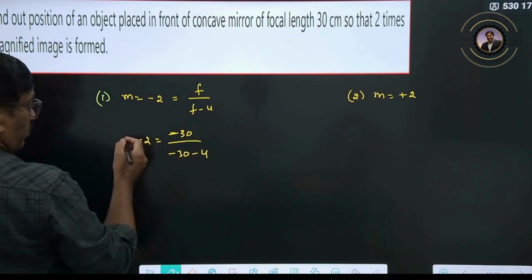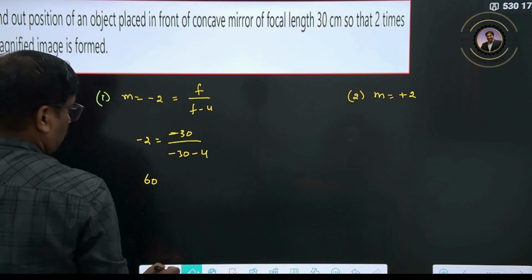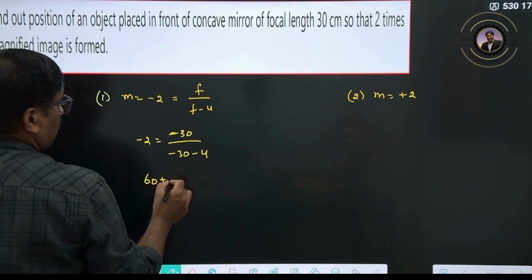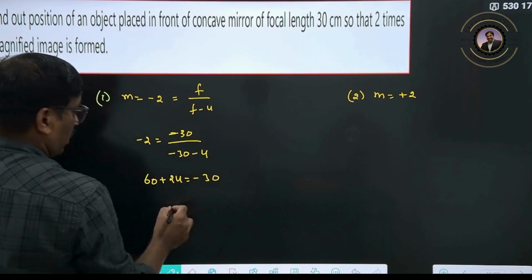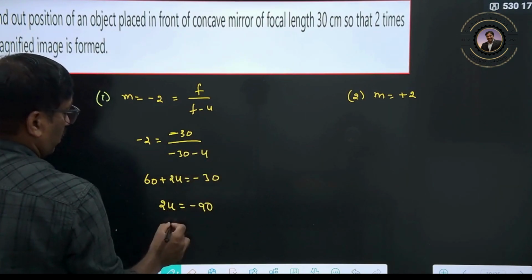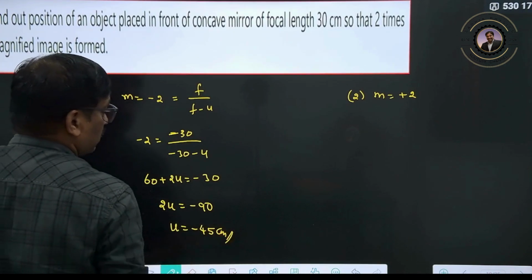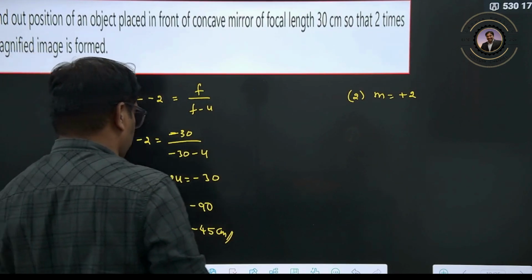Taking this, it will be 60, minus of minus plus, therefore here it will be plus. So 2u is equal to minus 30. Therefore 2u is equal to minus 90, taken here, u is equal to minus 45 centimeter. That means here we can draw the ray diagram where the magnification is 2 times.